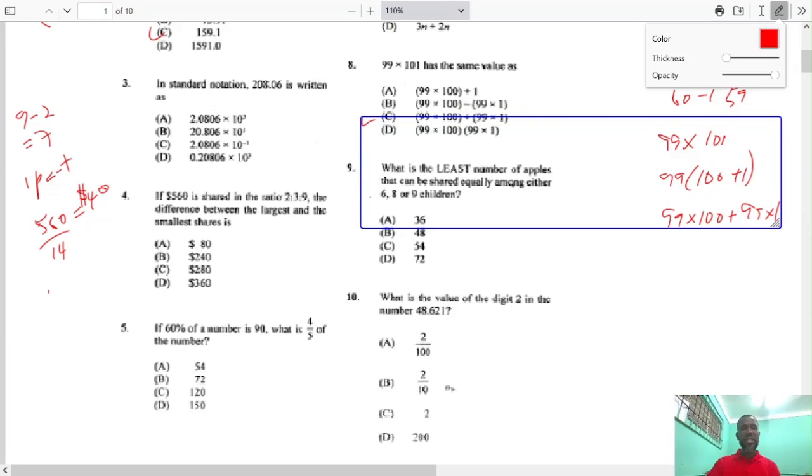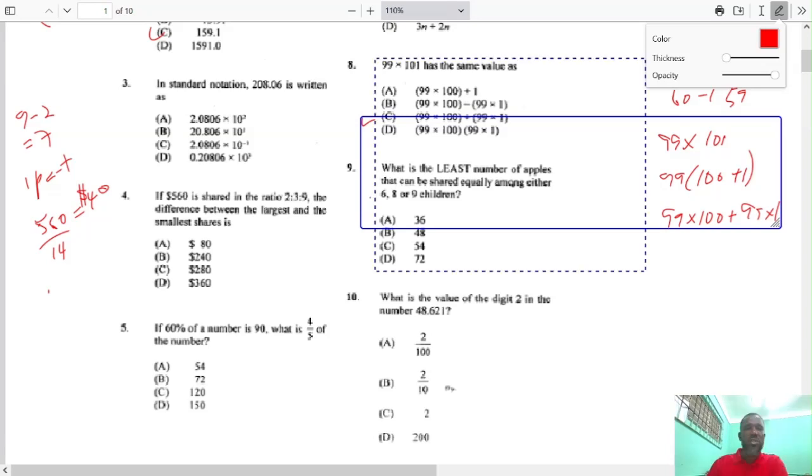And if we look at B, 6 and 8 can go into 48, but 9 cannot go into 48. If you look at C, 6 and 9 can go into 54, but 8 cannot go into 54. So therefore, we want to look at 72.